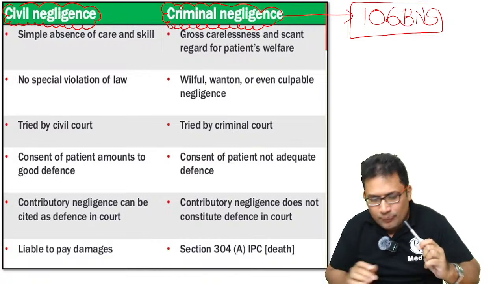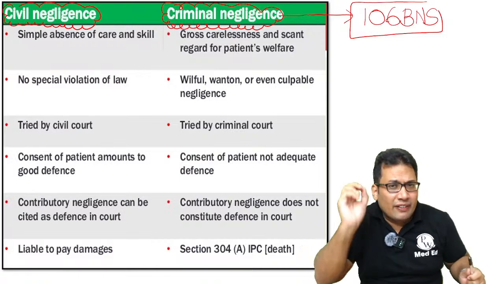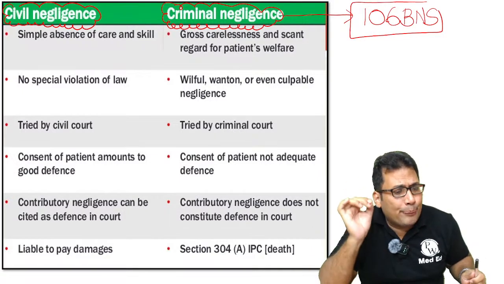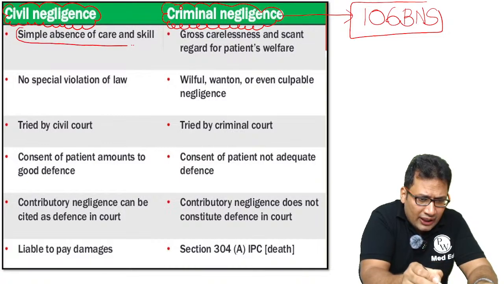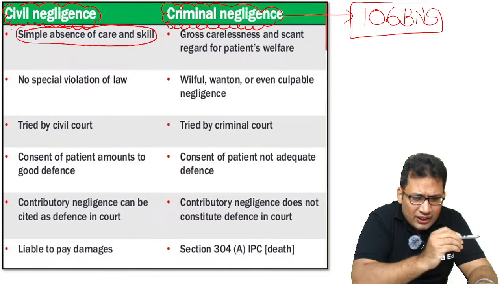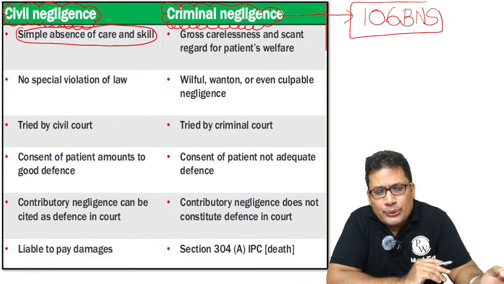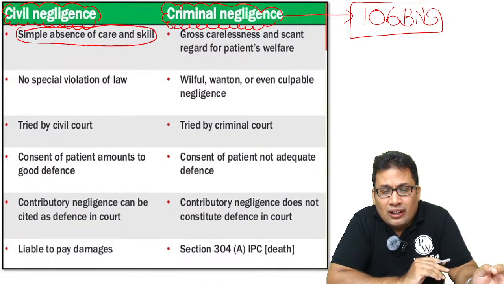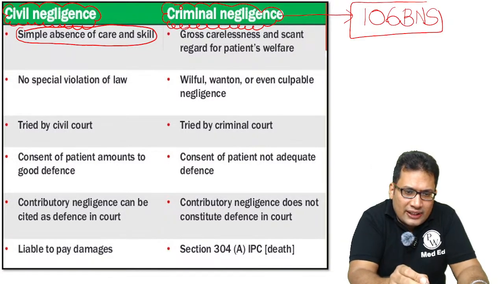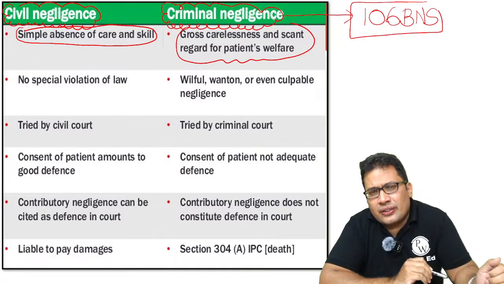Yes guys. Now the first point in the exam you need to write: civil negligence is simple absence of care and skill. Because of the simple absence of care and skill, there was damage to the patient. But in criminal negligence, there is gross negligence, gross carelessness.